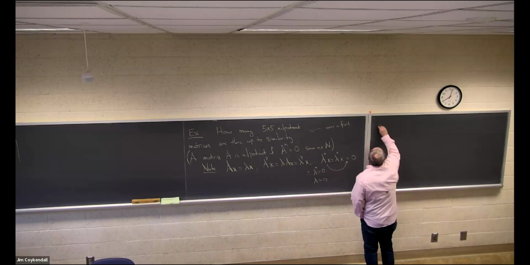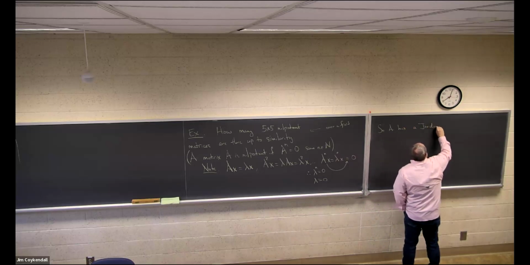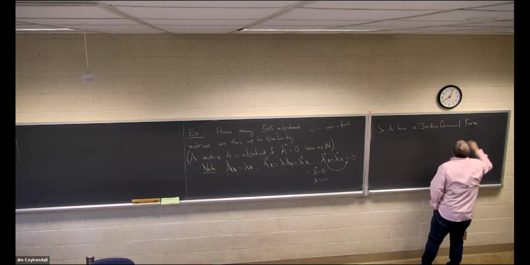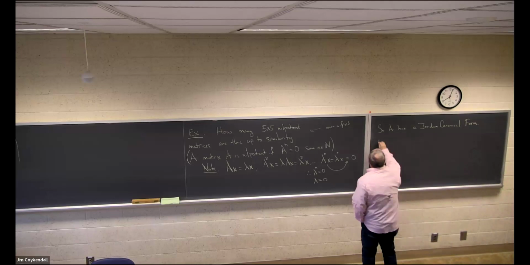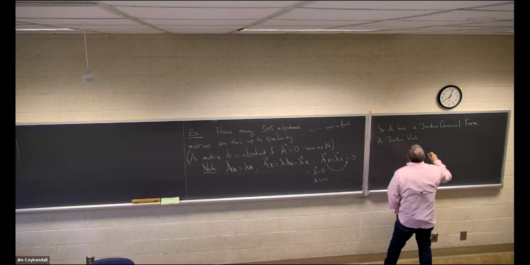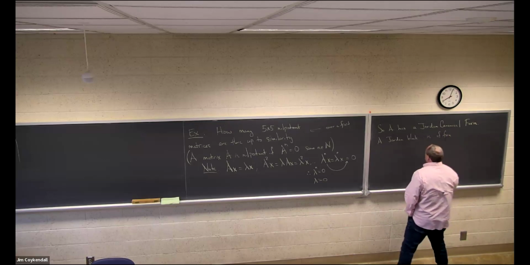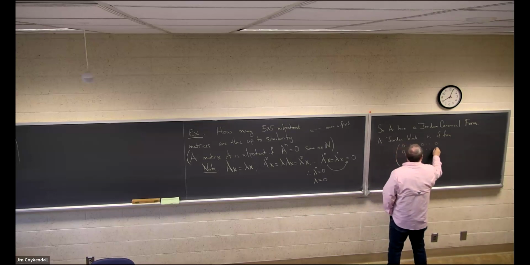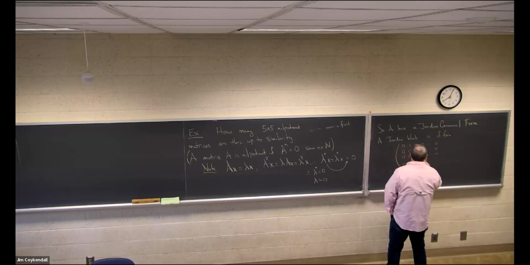So A has some Jordan canonical form, and a Jordan block is of the form 0, 1, 0, 0, 0, 1, 0, 0, 1, 0, 0, 1.